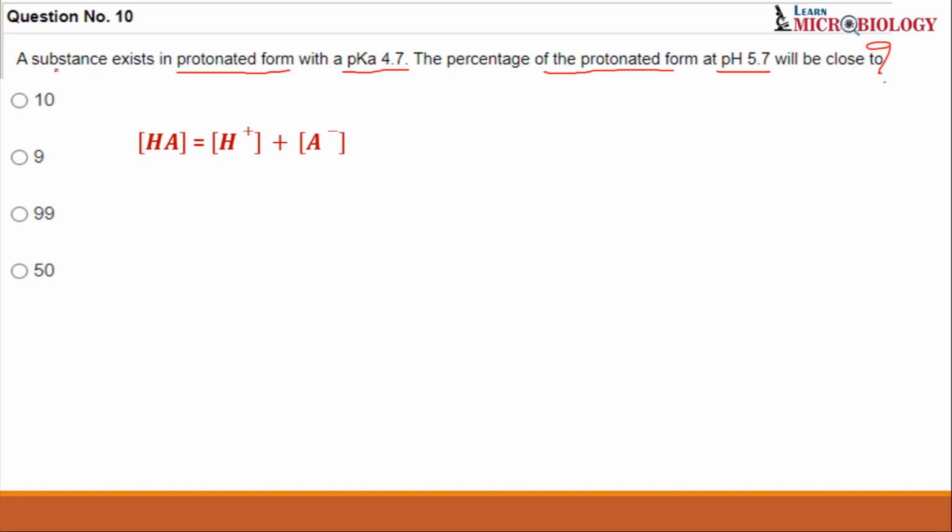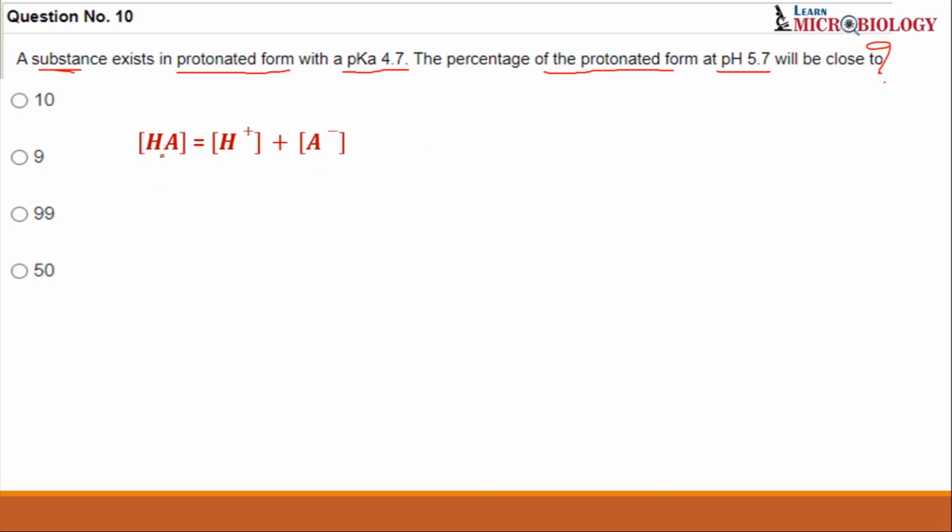As we asked in this particular question, there is a substance which is found in the protonated form with a pKa 4.7, and we have to find how much is this protonated form at the pH 5.7. Let us understand this with the help of this equation.